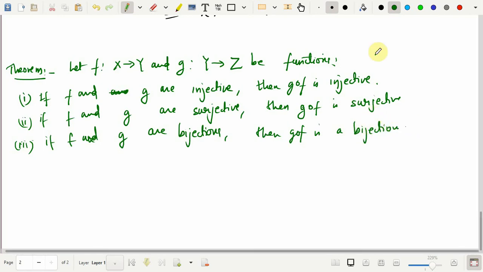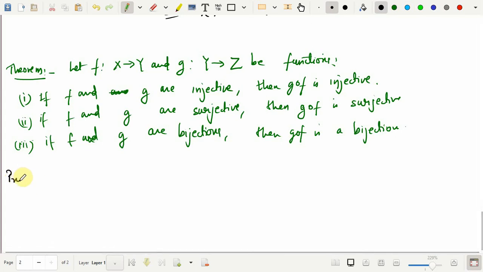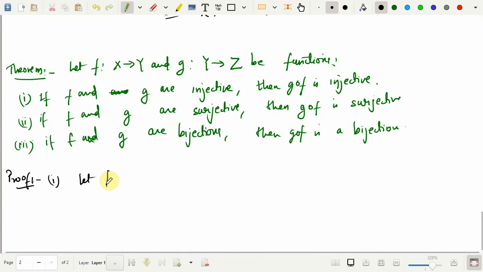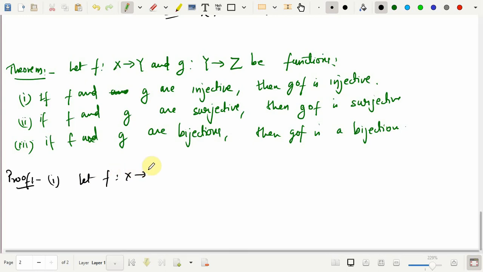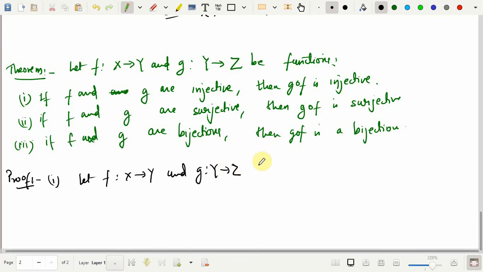So let's prove this one by one. We would strictly use the definition of injectivity to show that g composite f is injective. In the first case, we are given that f from x to y and g from y to z are injective. We'll show that g composite f is injective.